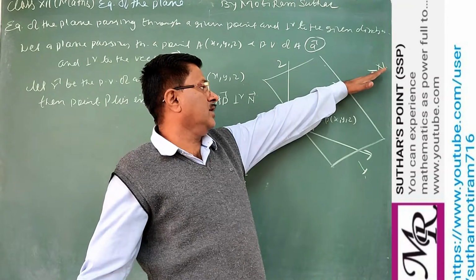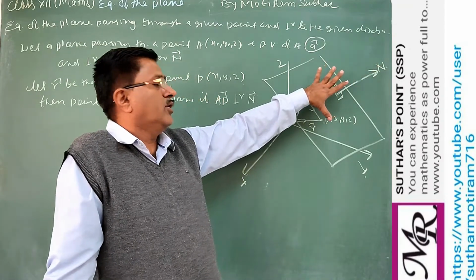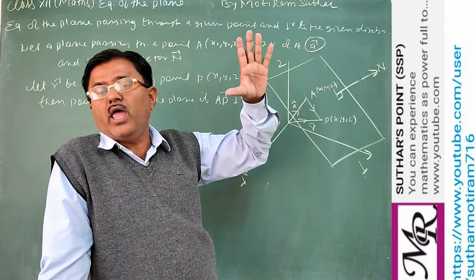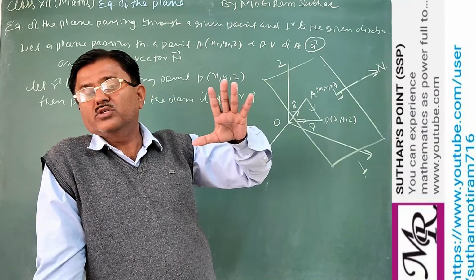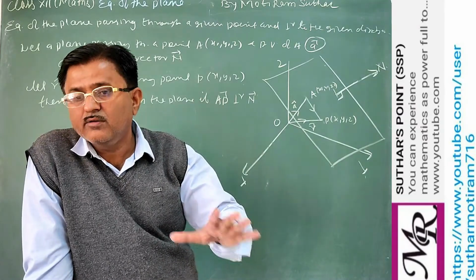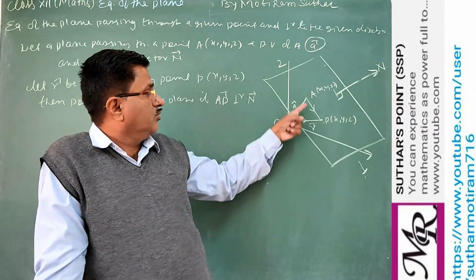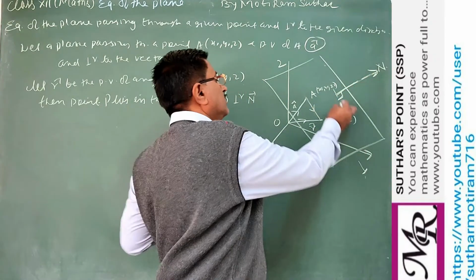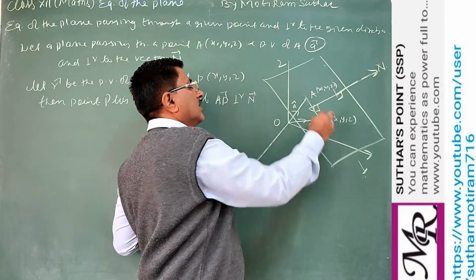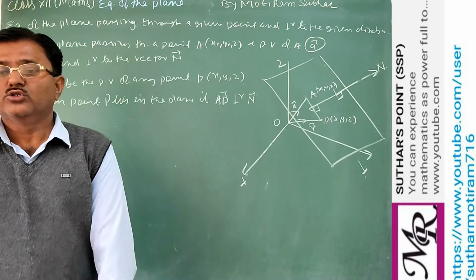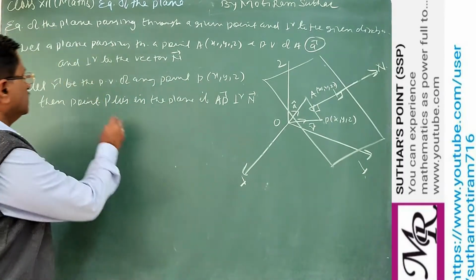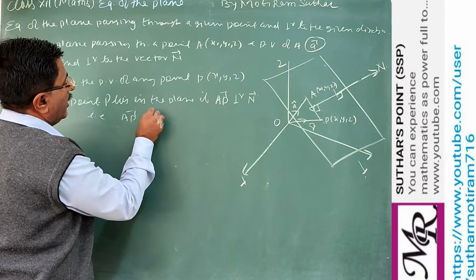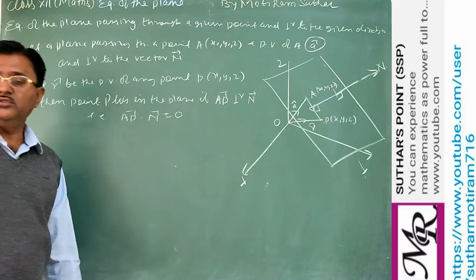So this vector is perpendicular to the plane, so it is also perpendicular to every vector which lies inside the plane. Clear? So we can say vector AP is perpendicular to vector n, this angle is 90. So their dot product should be 0. That is vector AP dot n is equal to 0.